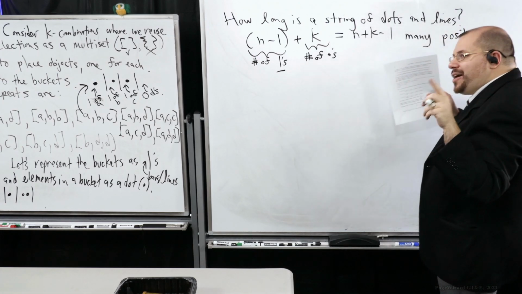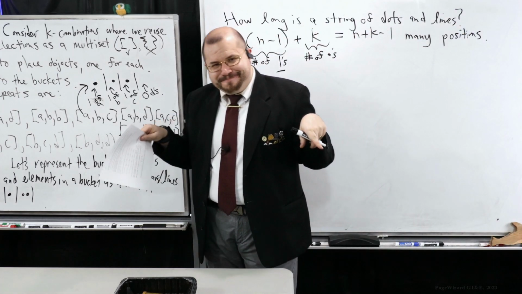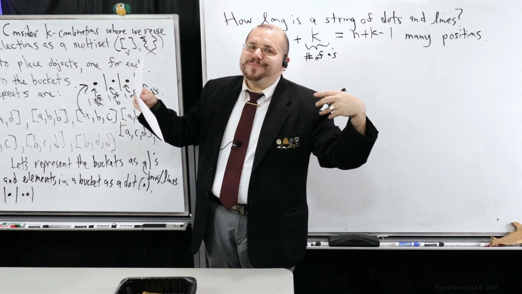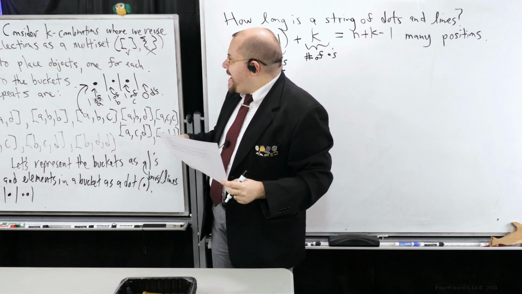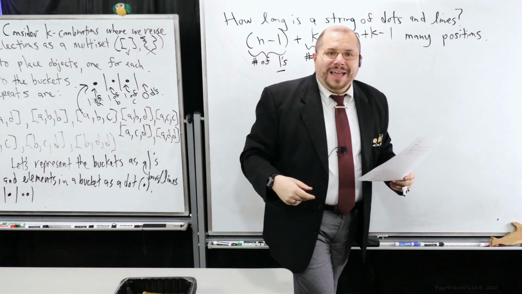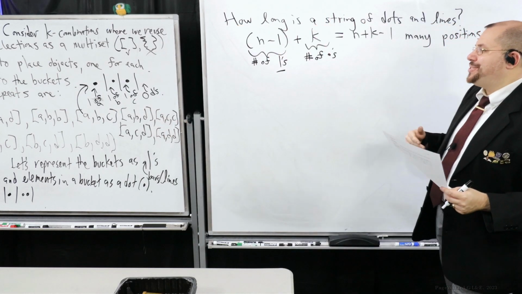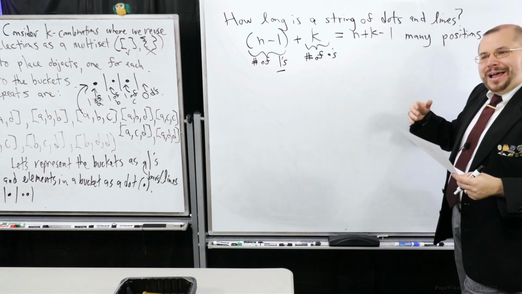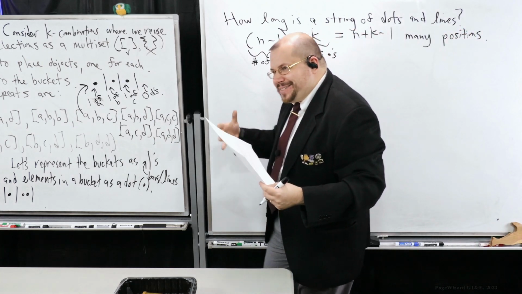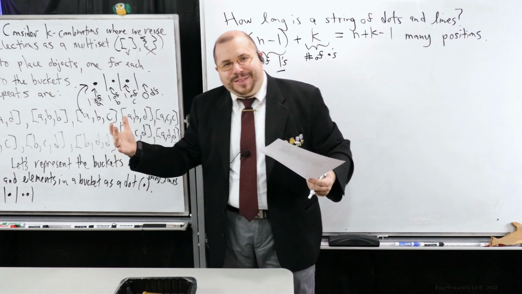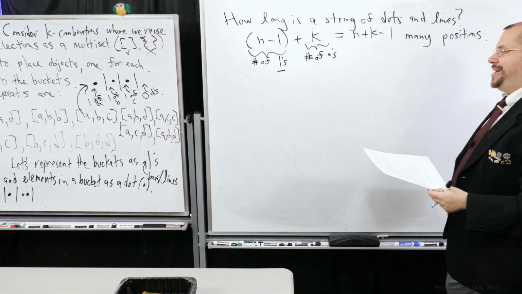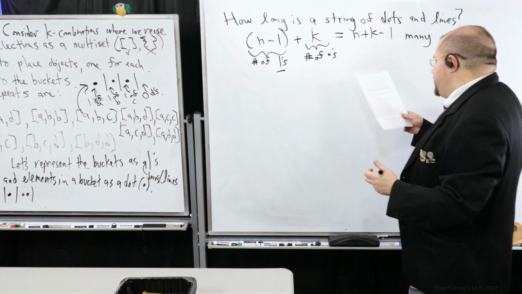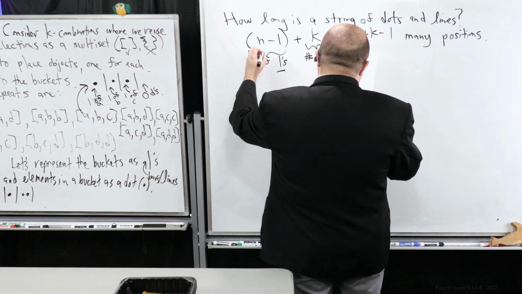And now that we have positions in a string, and I know how many elements I'm going to pick, do you see how this is actually an exercise about how many ways the dots can appear in the string, because everything else becomes just a bar, right? So it's just the exact same exercise as this.